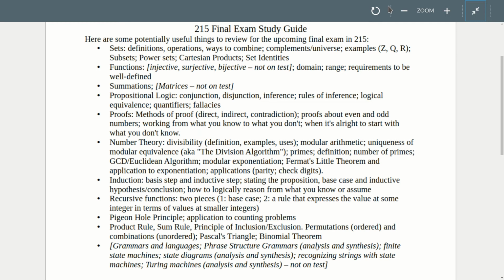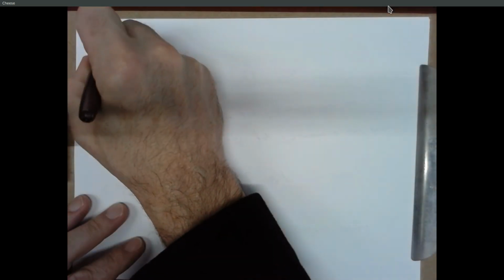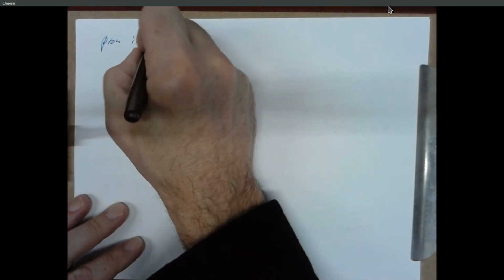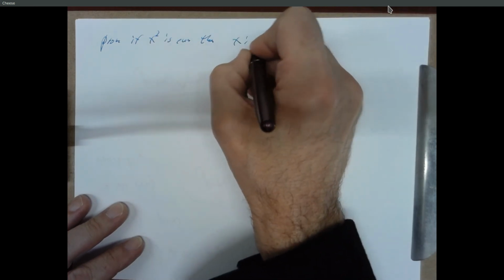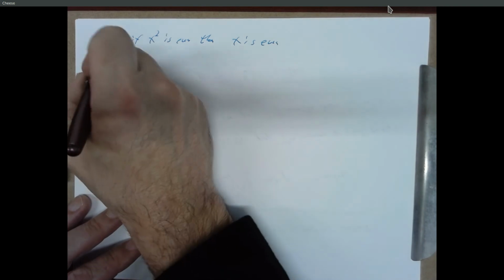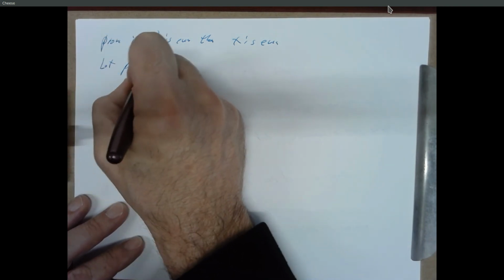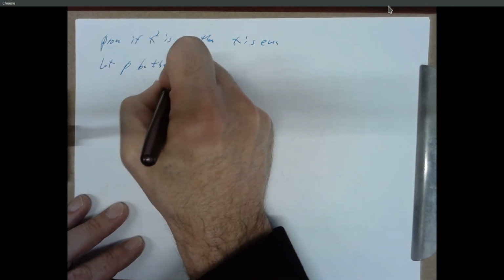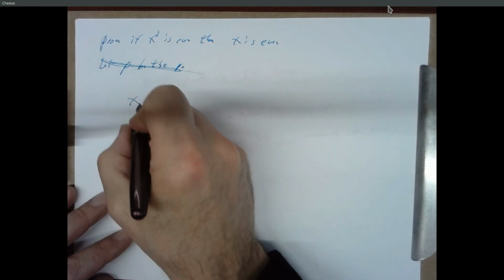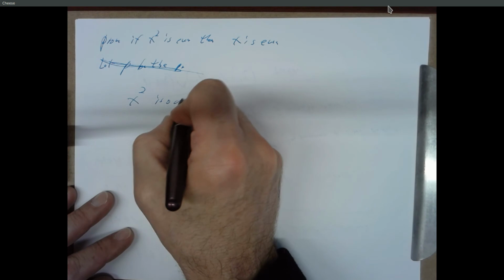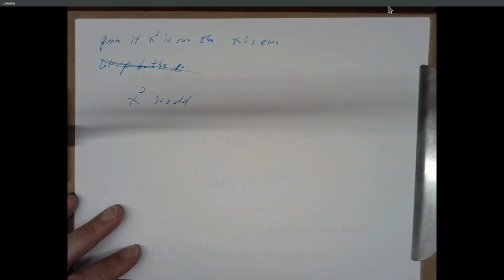How do you start an indirect proof? You start with the negative outcome, or what? Yeah, so prove if x squared is even, then x is even. So let's start off with x squared is odd, right?